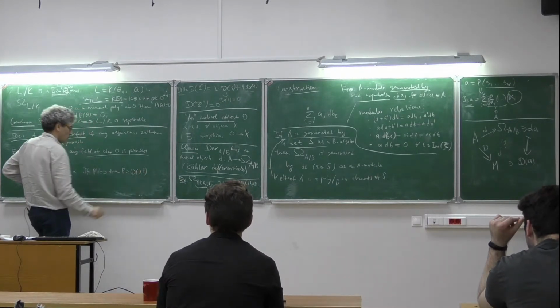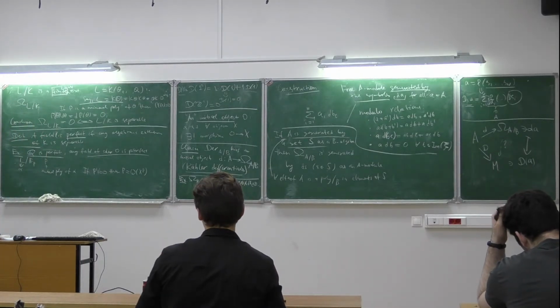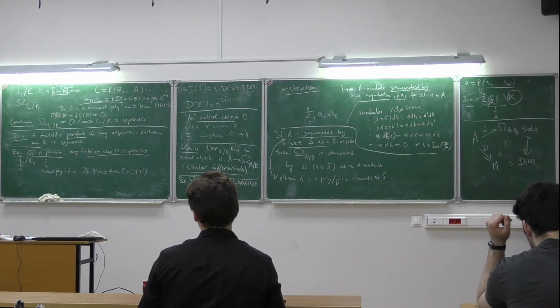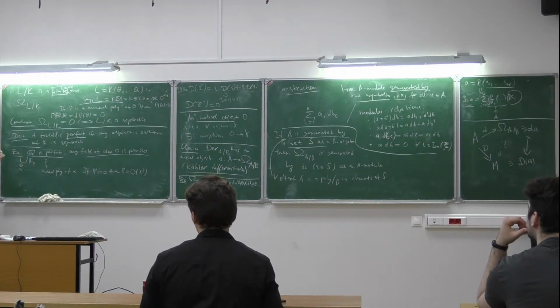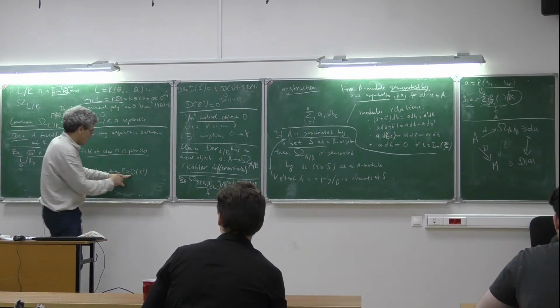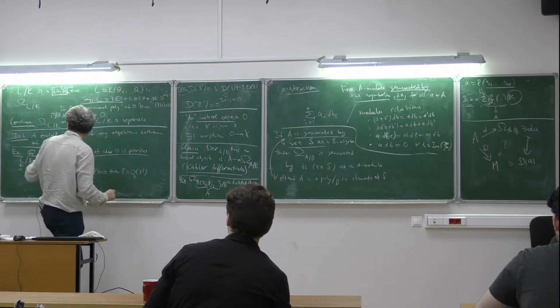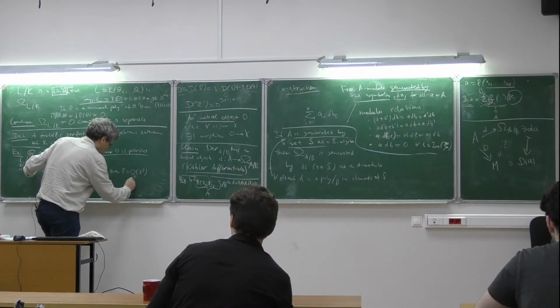Okay, I mean, we can proceed by induction, because we can have not just P, but some power of P. Yeah, wait. So actually what you're saying is that this is a polynomial over F_p.